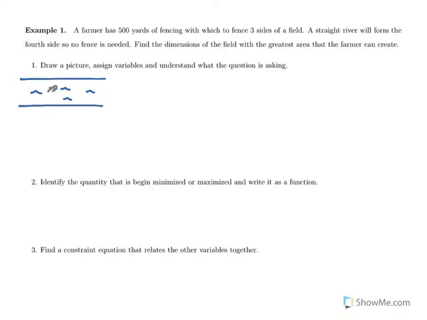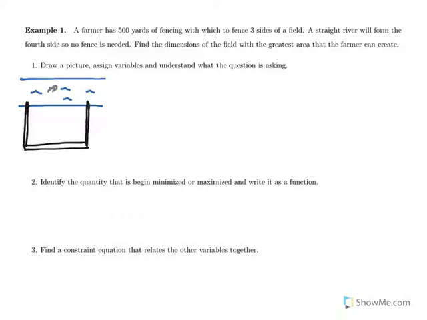And we are going to build a fence that goes along and tries to find a field that the fence encloses. But that fence only has 3 sides because we don't need to fence along the river. Maybe there's some cows in this field and they're not going to cross the river, so they're bounded by that river.